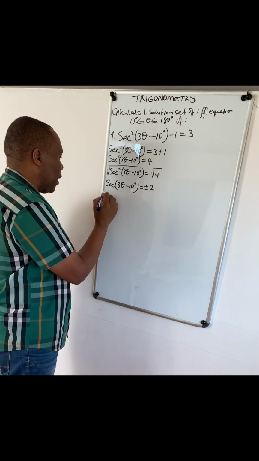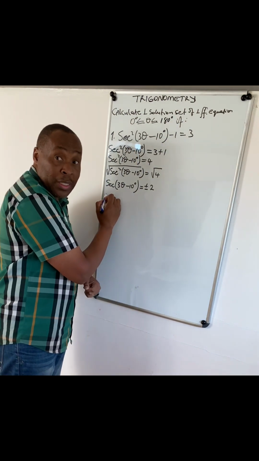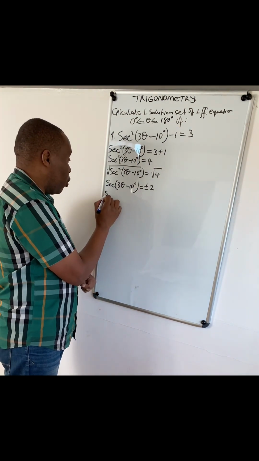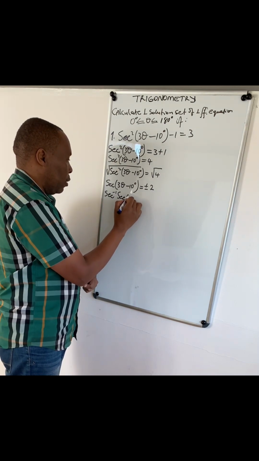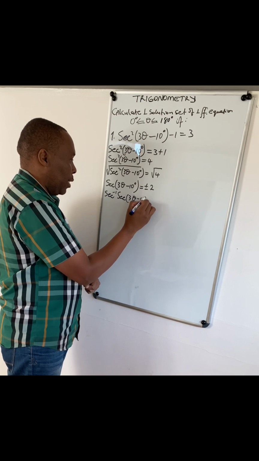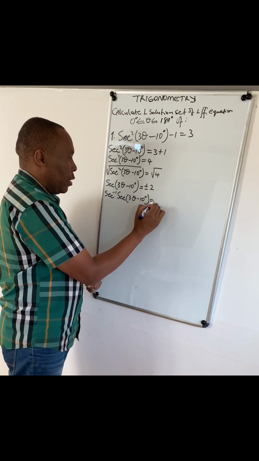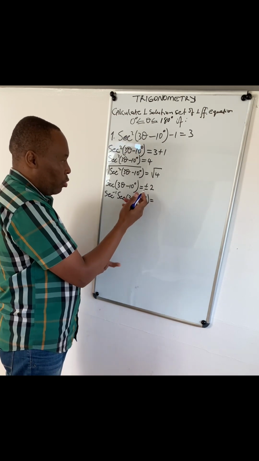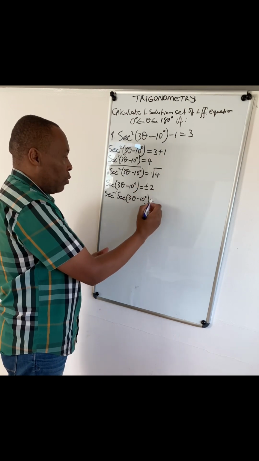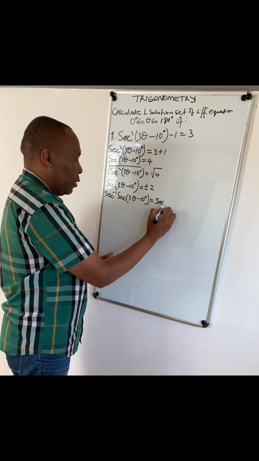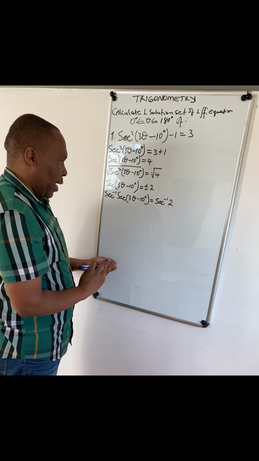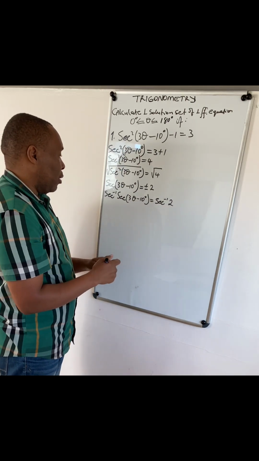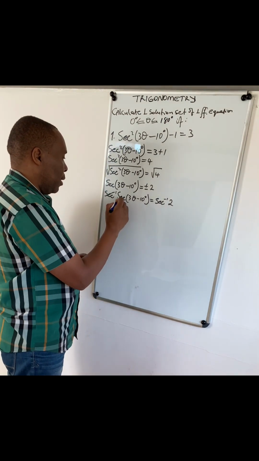Now what we do here, what we've been doing with others, is to introduce the arc. So 3 theta minus 10 degrees is equal to, we already know it's positive and negative, so we'll just do sec arc 2. Right, and in sec arc 2, this cancels and this cancels.